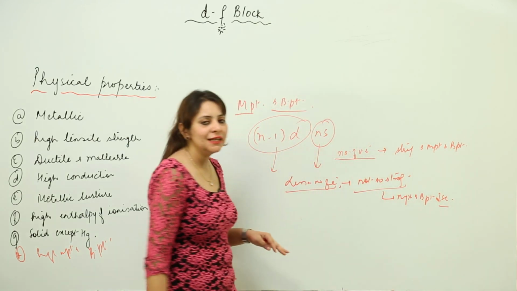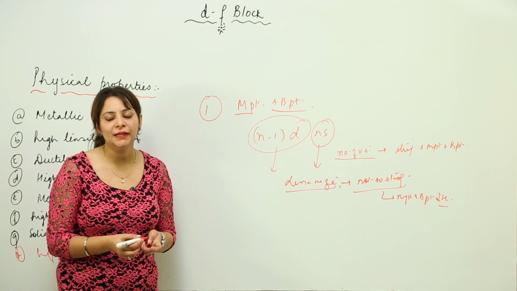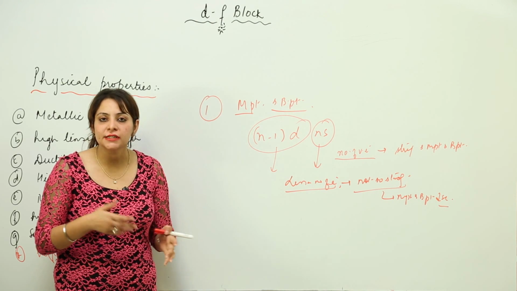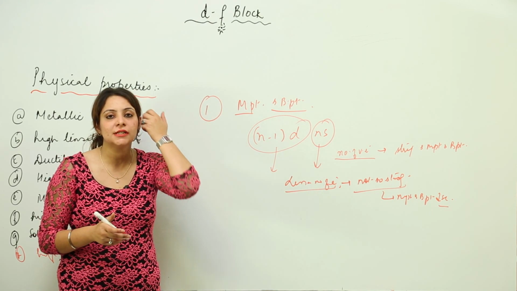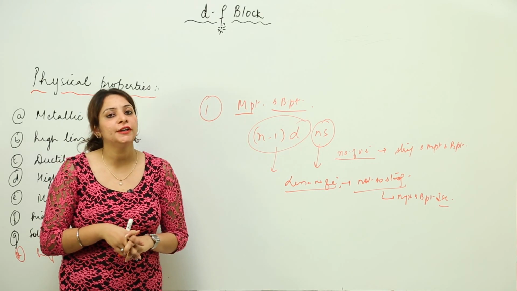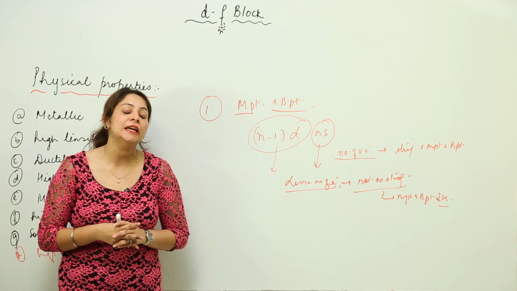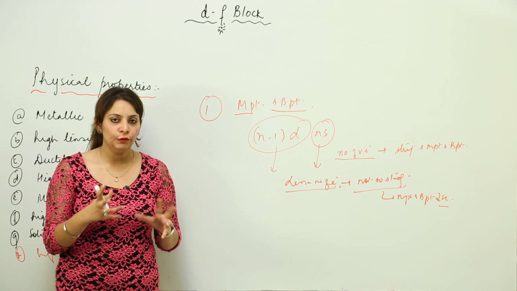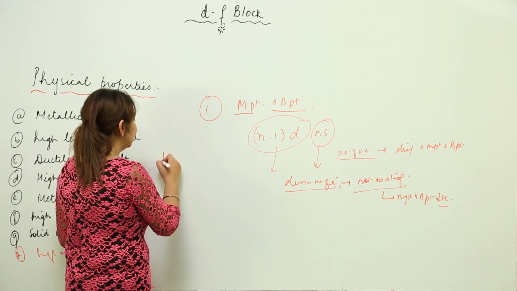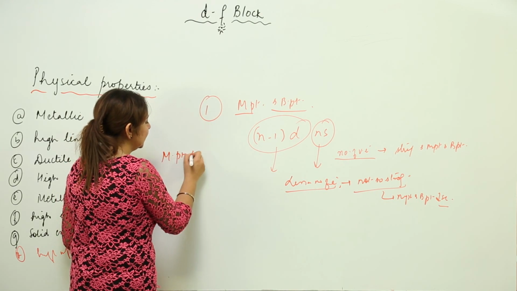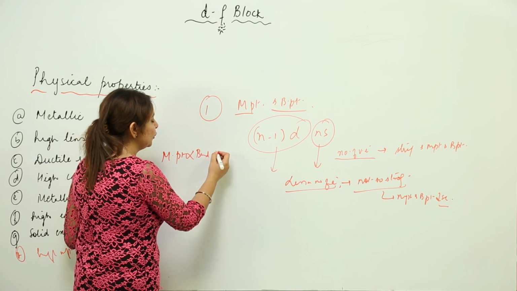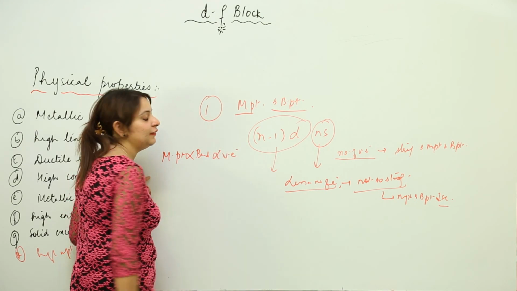So we can say that they generally possess high melting and boiling points, but when we move from left to right, their melting and boiling points decrease due to progressive filling of electrons in the d orbital. Fewer electrons participate in the interatomic bond formation, and the melting point is directly proportional to the strength of the bond, which is directly proportional to the valence electrons.